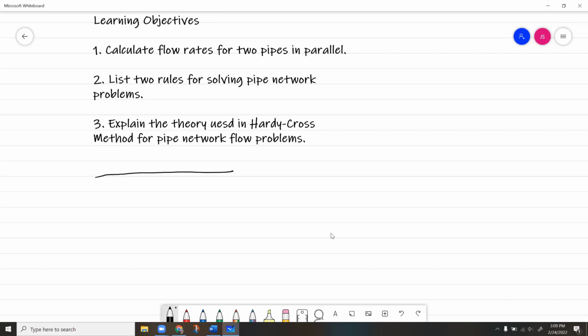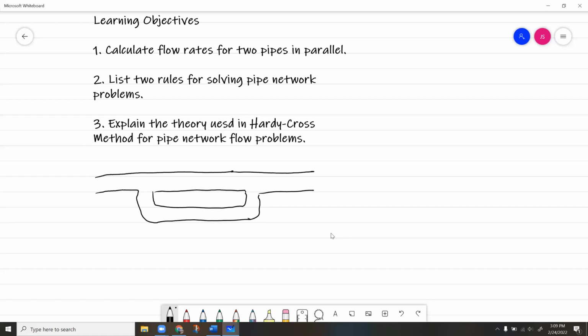You could think of this as a parallel pipe system. And so we've got flow coming off into a branch, and then it comes back in somewhere downstream. And maybe we have a valve in the pipe system to shunt flow in and out as we need.